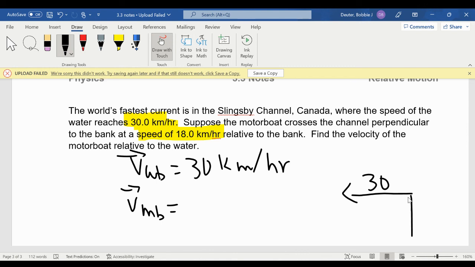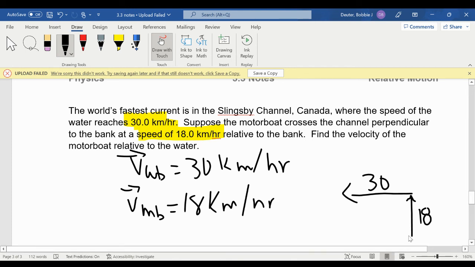And that is moving at a total of 18 kilometers per hour. I apologize, my screen is not allowing me to always put information on. So this is going at 18 kilometers per hour. And so we need to find this vector right here.